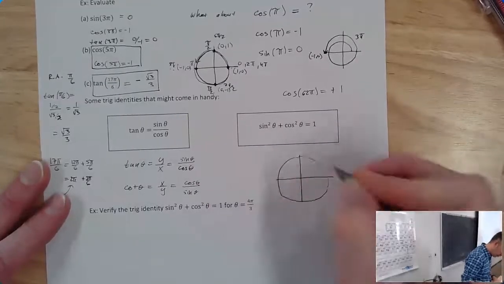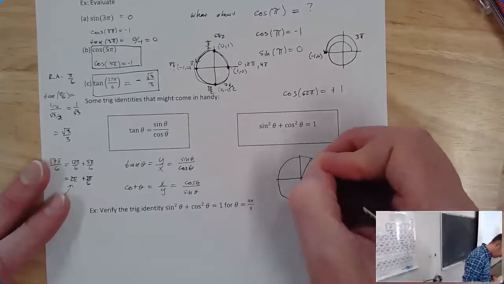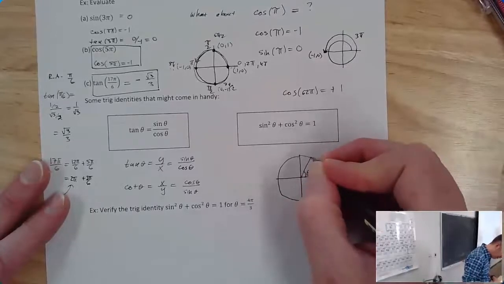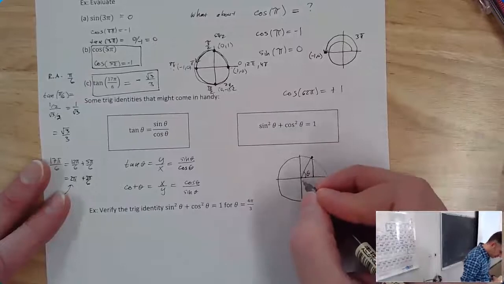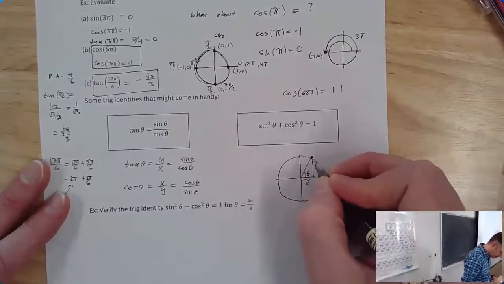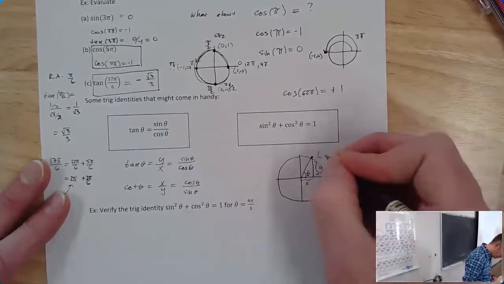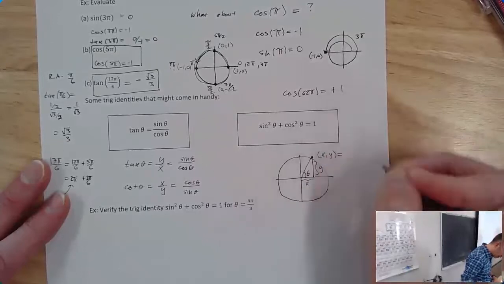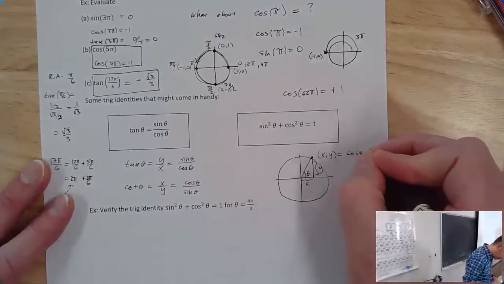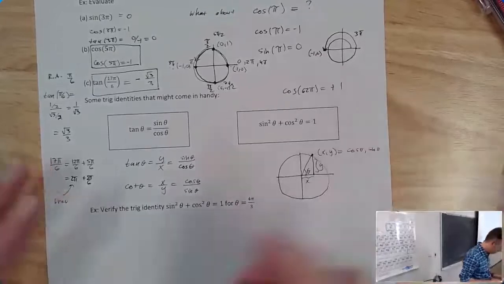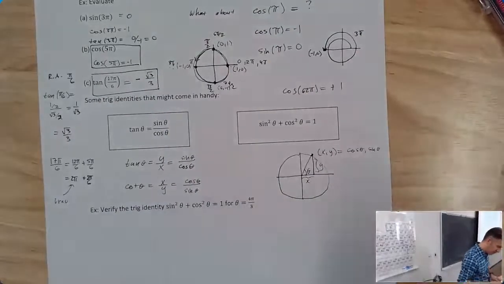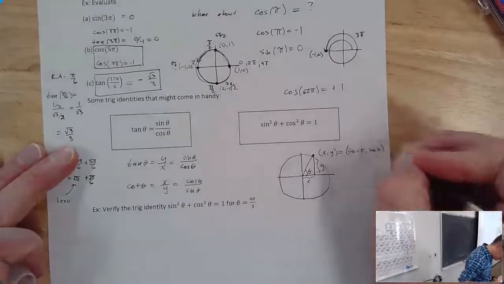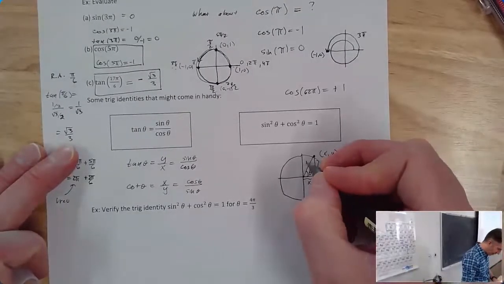Take a unit circle and draw the angle theta. Well, if this is x, this is y. This is the point x comma y, which is cosine theta comma sine theta. Oh, and the hypotenuse is 1.